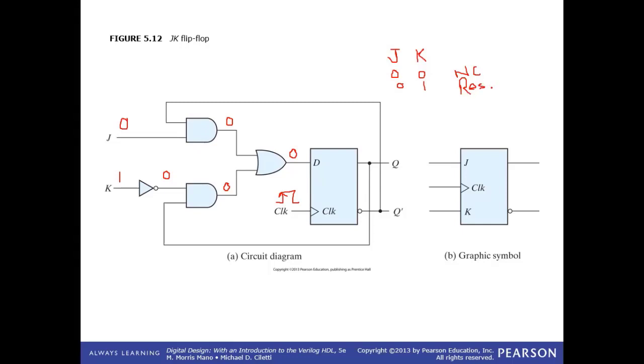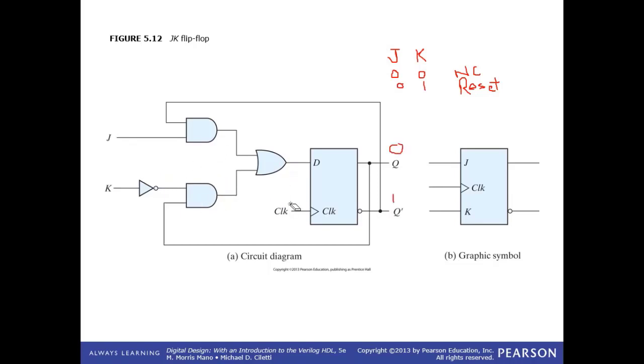Am I right? Okay, just bear with my writing. Q would become equal to 0 and Q bar would become equal to 1 if J is equal to 0 and K is equal to 1.